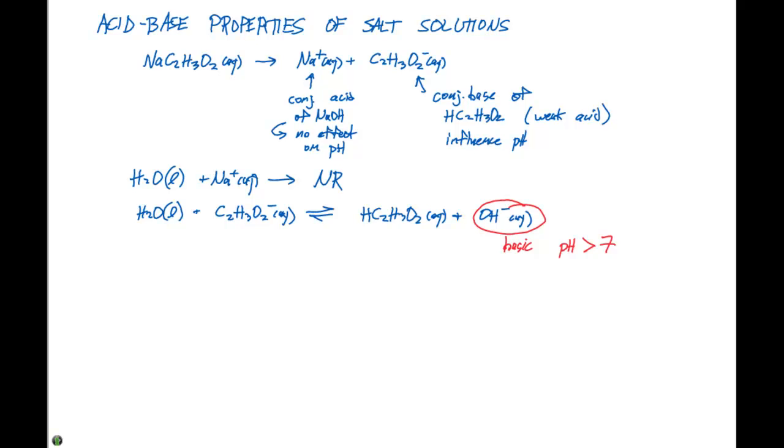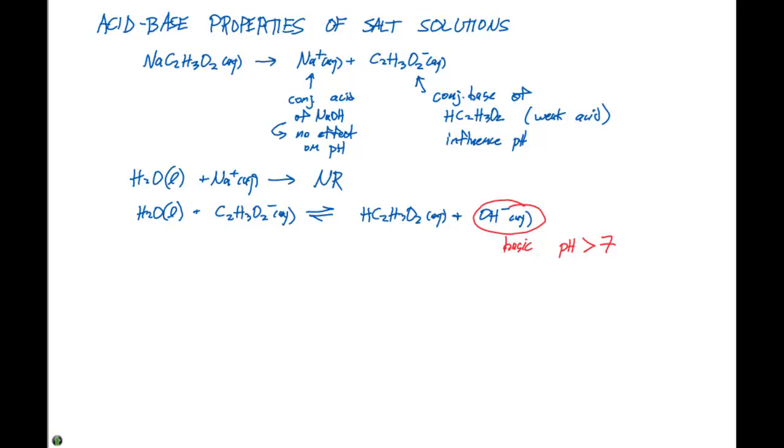Now let's look at something else. In this case right here, we can look at this salt that comes from the conjugate of a strong base and of a weak acid. The same situation is going to happen if we had a strong acid and a weak base.